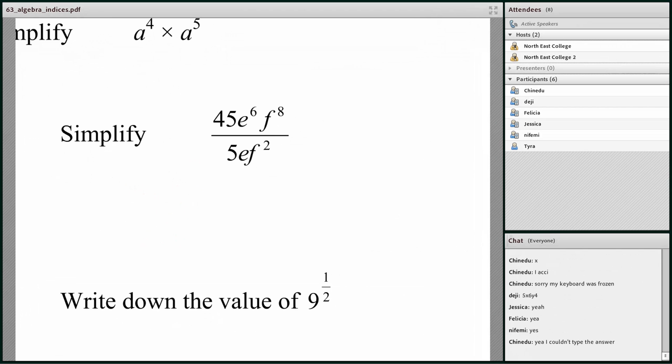Another thing to bear in mind when it comes to algebra, don't forget, of course, there is no number in front of this second term, as it were, but that just means it's going to be a 1.